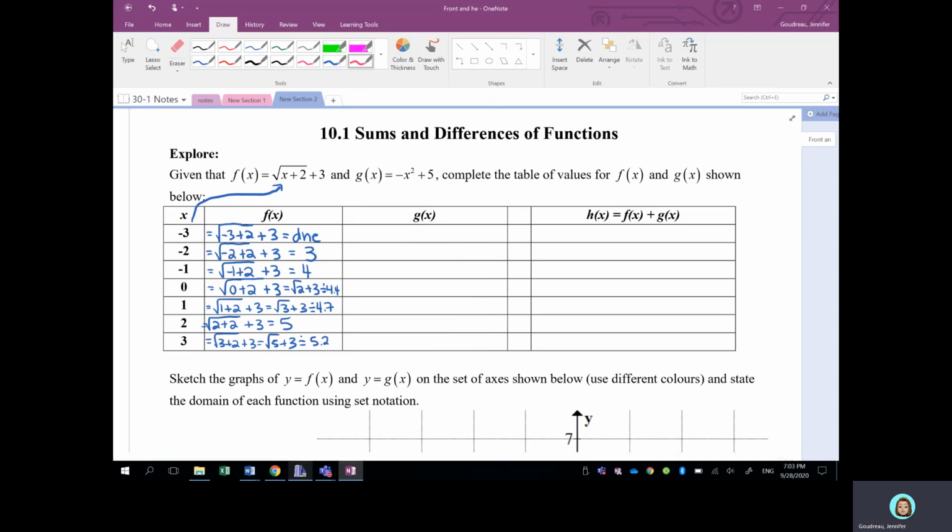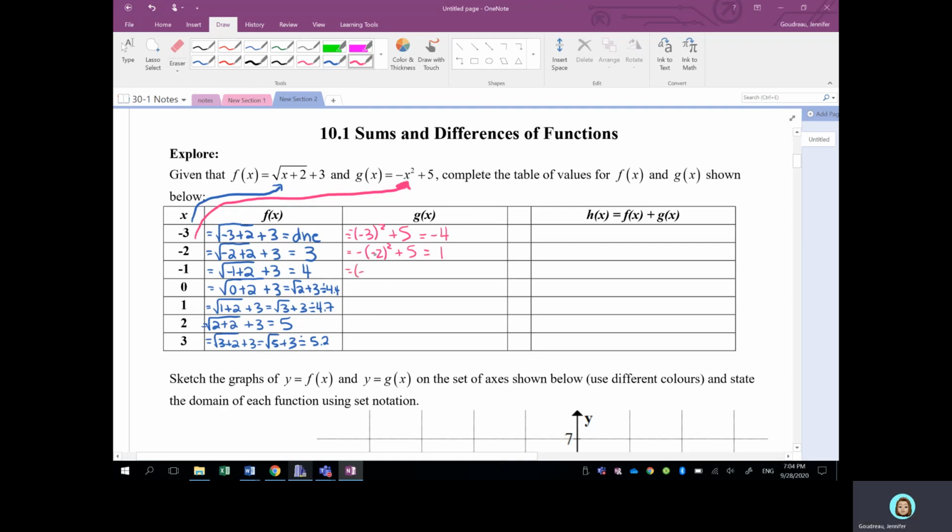All right, now let's do the same thing. I'm just going to change colors and we're going to do the same thing for g(x). We're going to take those given x values, plug them into g(x) and get the corresponding y values. So plugging in negative 3, that means we get negative 3 squared times negative 1 plus 5. Negative 3 squared is positive 9, times negative 1 is negative 9, plus 5 is negative 4. Plugging in negative 2: squared is positive 4, times negative 1 is negative 4, plus 5 is positive 1.